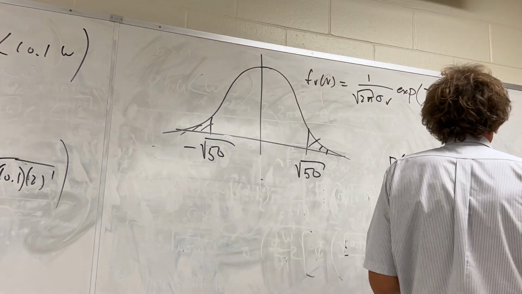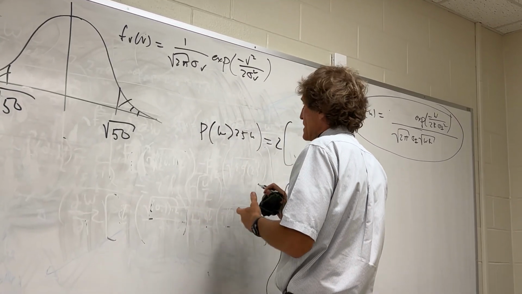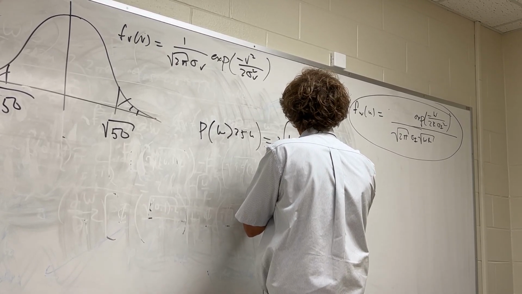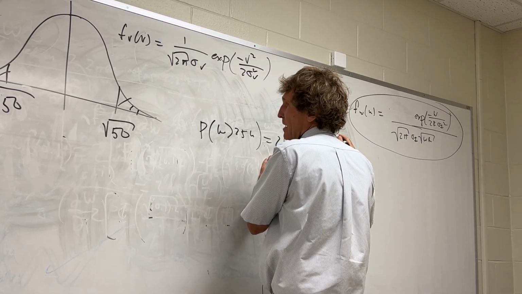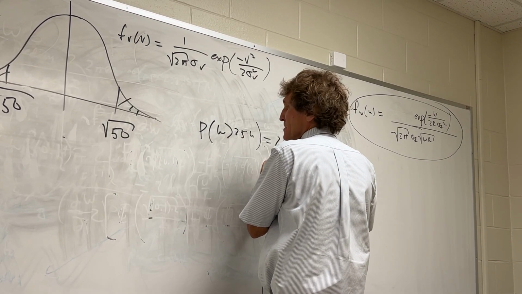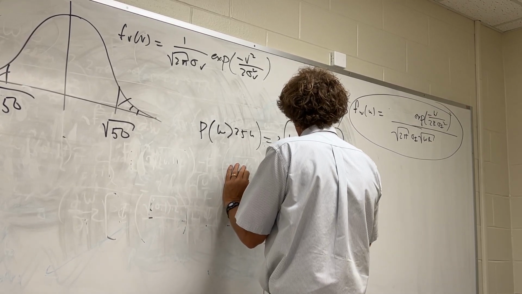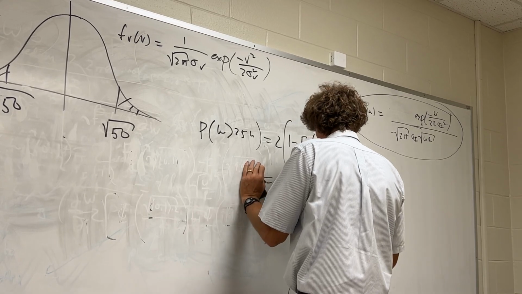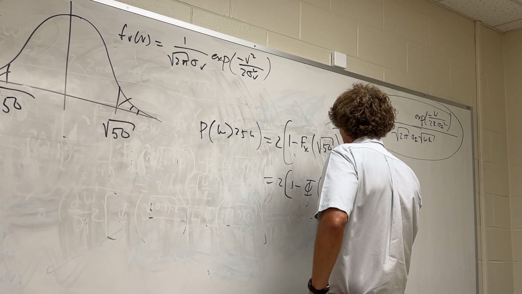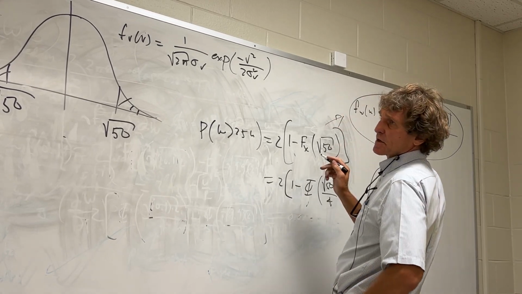It doesn't matter. So for this one, I'm going to go ahead and just do it. It's going to be twice, and it would be 1 minus the cumulative density function of I being greater than square root of 50, or it would be 2 times 1 minus, and then the characteristic function, if you wanted to do it, that minus the mean, which is 0, over the standard deviation, which is 4, right?